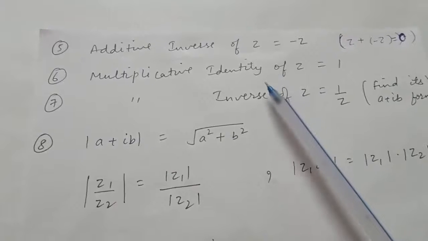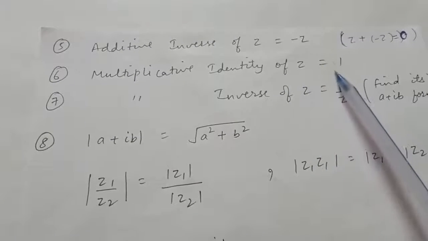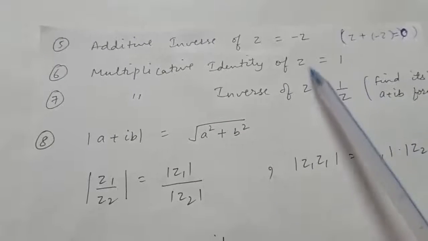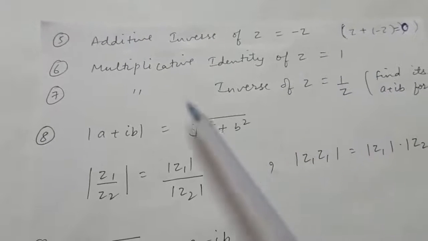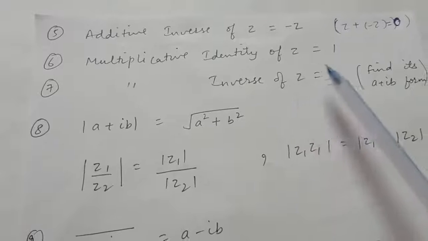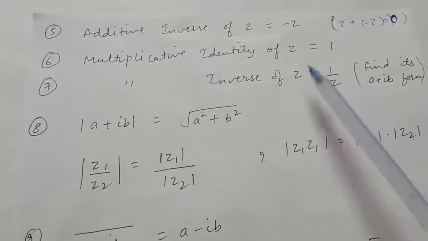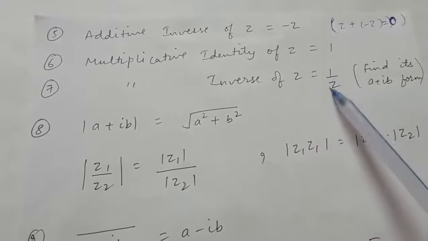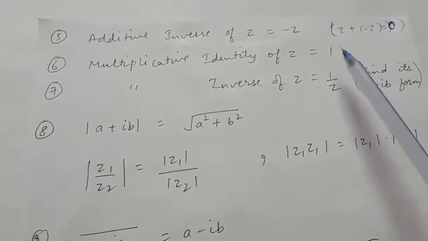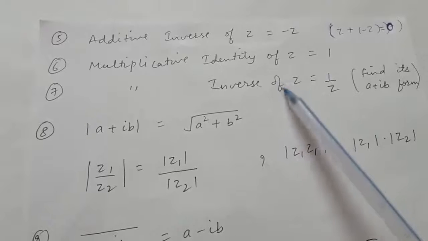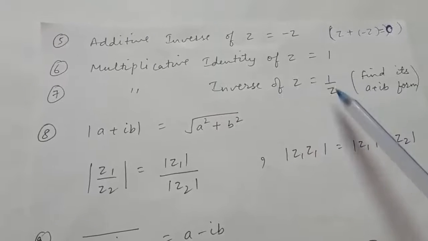Now the multiplicative identity of z is 1, because if you multiply z with 1, then you will get z only. And the multiplicative inverse of z is 1 by z, because if you multiply z with 1 by z, you will get 1, which is the multiplicative identity, and therefore the multiplicative inverse is 1 by z.